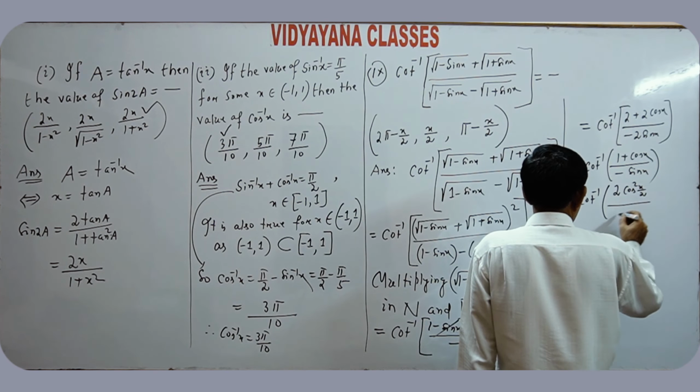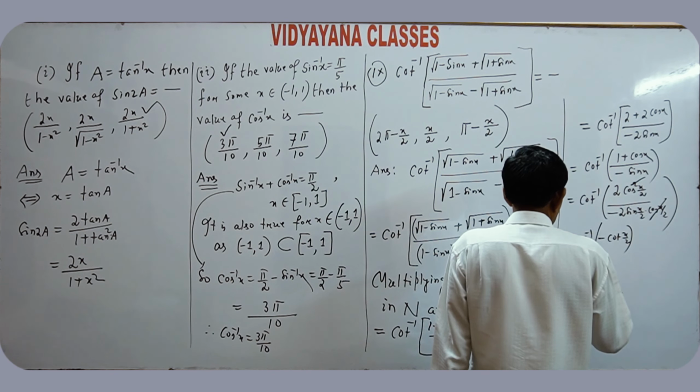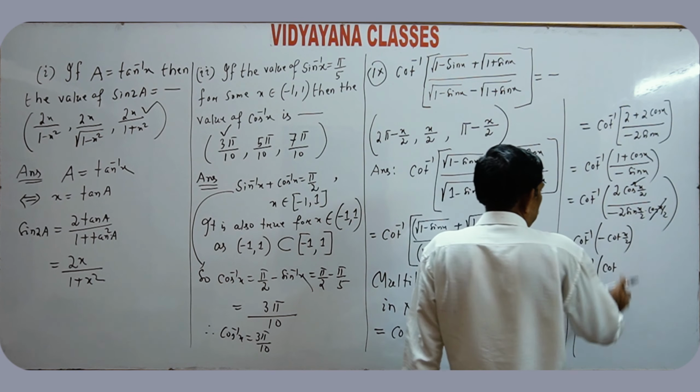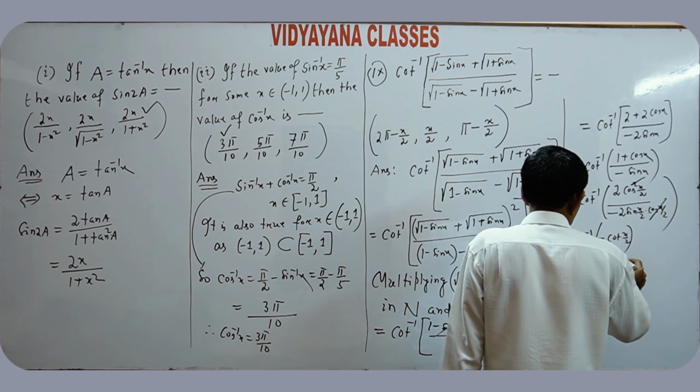Cot inverse minus cot x by 2, which is the same as cot of pi minus x by 2.